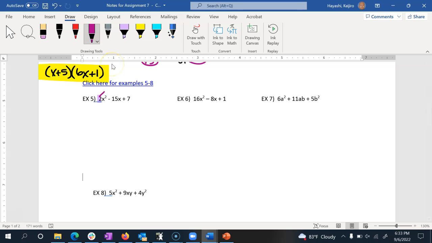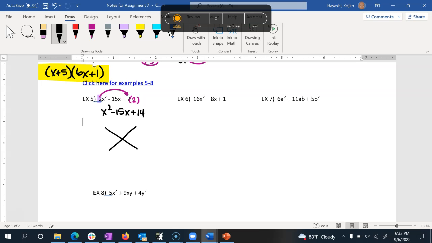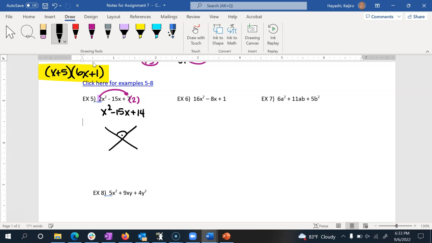All right, take this 2, slide it. That gives you x squared minus 15x plus 14. Multiply to 14, add up to negative 15. Interesting. What 2 numbers might those be? And yeah, negative 1 and negative 14.